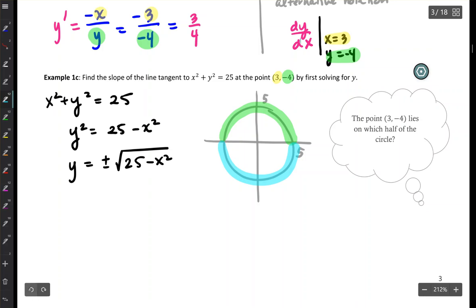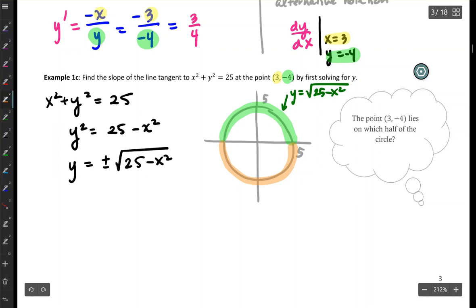Oh, and I'm just noticing from my previous video, I used a different color. So here, if we break this up into two separate equations, y is the positive square root of 25 minus x squared.